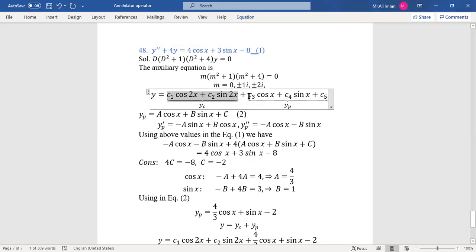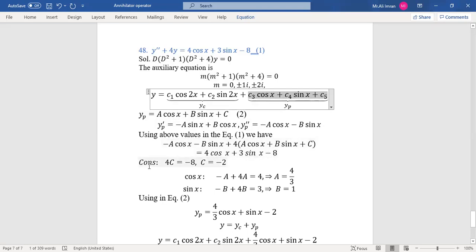This solution appears due to the non-homogeneous part, and we have yp is equal to a cos of x plus b sin of x plus c. We will find its first and second derivatives and put them in equation number 1. We have minus a cos of x minus b sin of x plus 4 into a cos of x plus b sin of x plus c is equal to 4 cos of x plus 3 sin x minus 8.